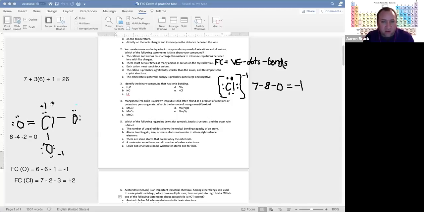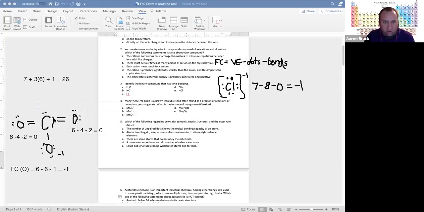If I take out those and make it a double bond here, then I still have a -1 for this bottom oxygen, but I now have 6 minus 4 dots minus 2 bonds is 0 for that oxygen.